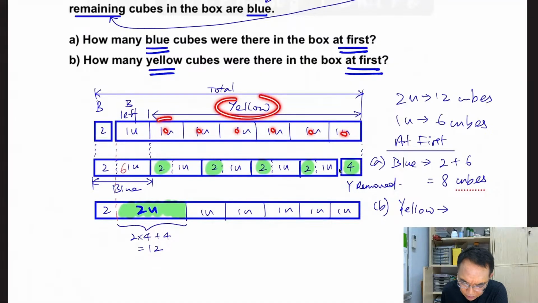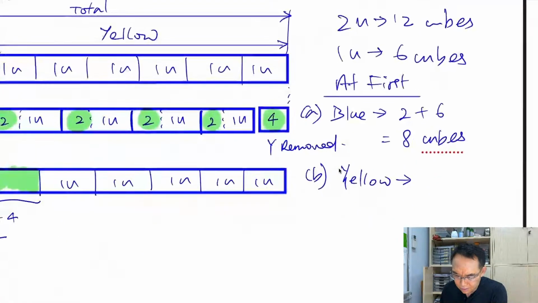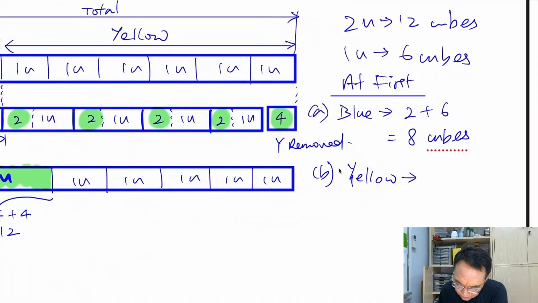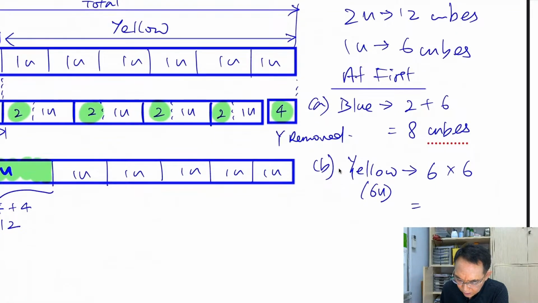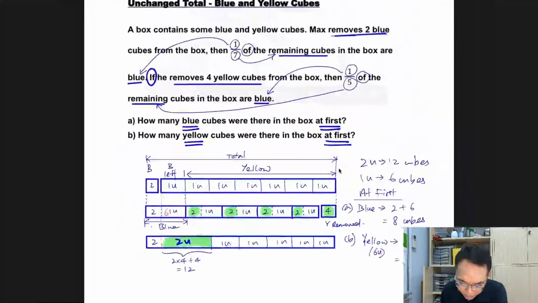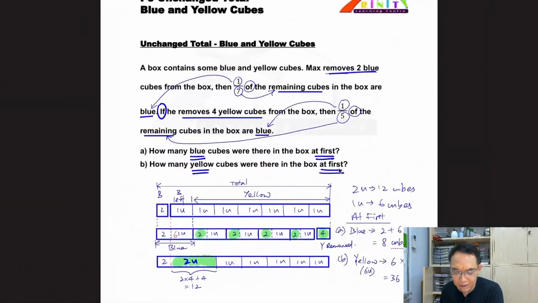So yellow, how many units and how much is this? Answer is 6, because 1 unit is 6, and then you take 6 times 6 units, because we found that this is 6 units, and so the answer is 36 cubes.